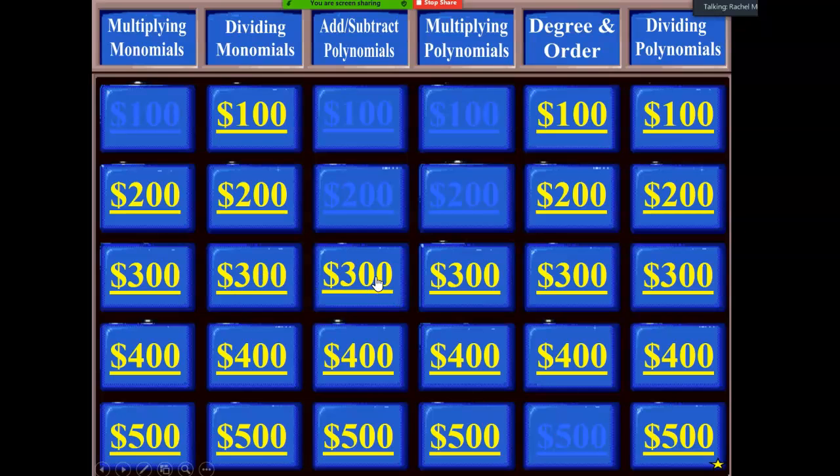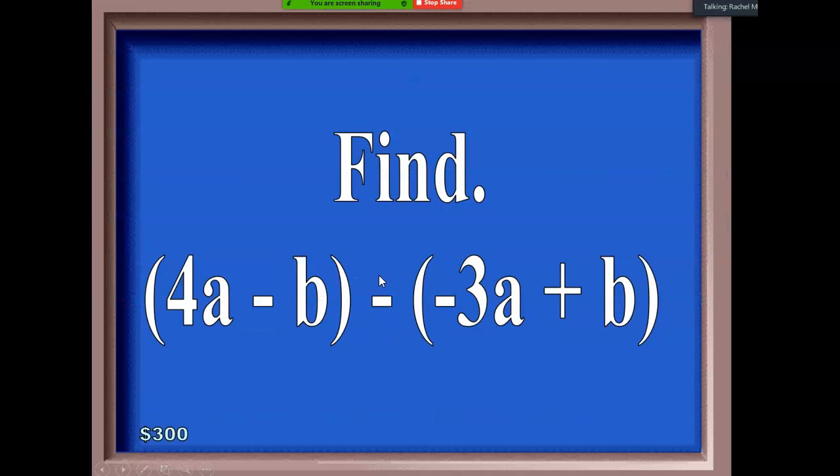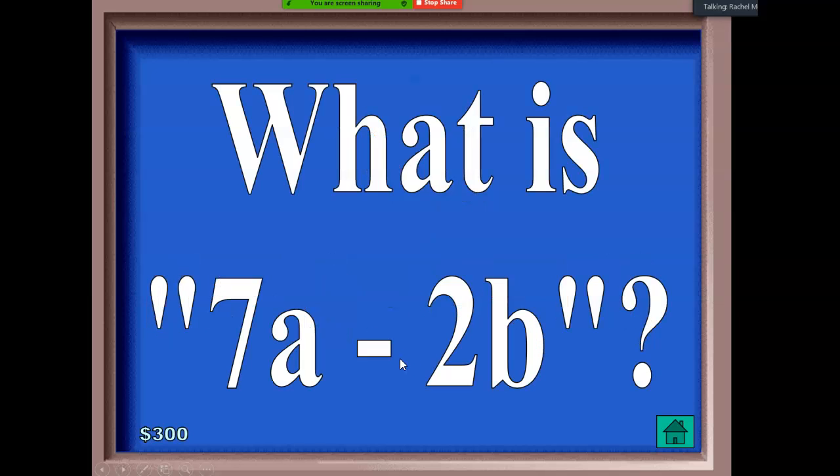All right, let's add and subtract for 300. That is correct. So what is 7a minus 2b?